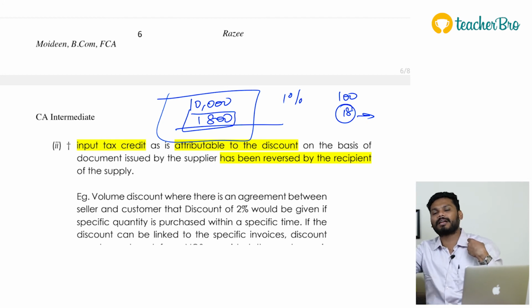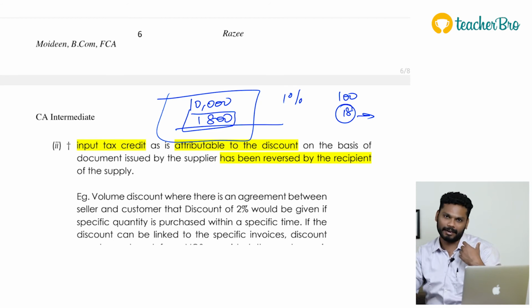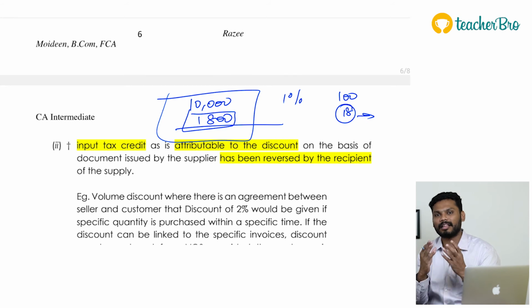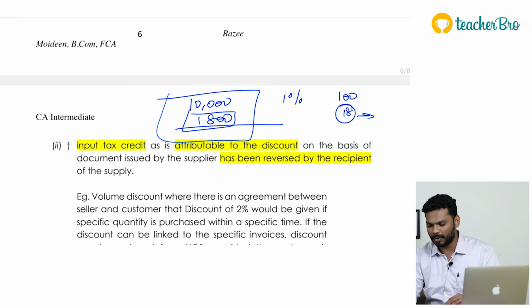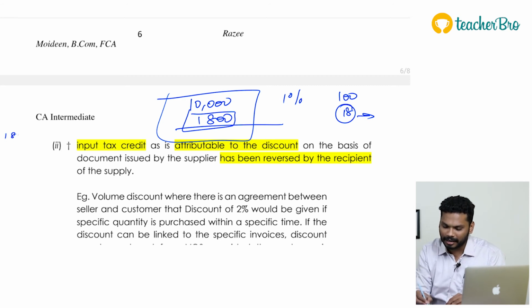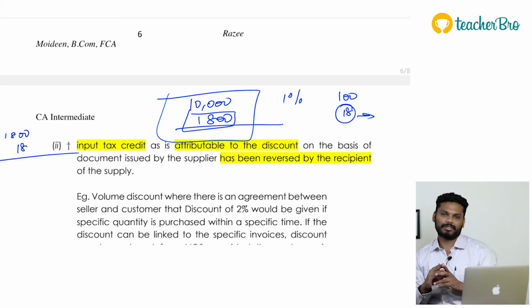The customer is taking input tax credit of tax which I have not paid. So there will be double benefit. To avoid that, the third condition says, the customer should reverse ITC on the discount given. That means the customer can take credit of 1,800 minus the 18 rupees.